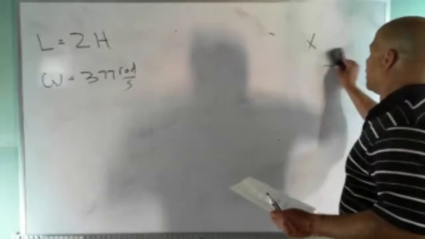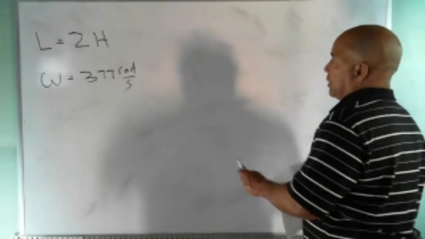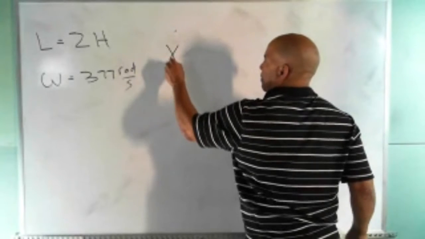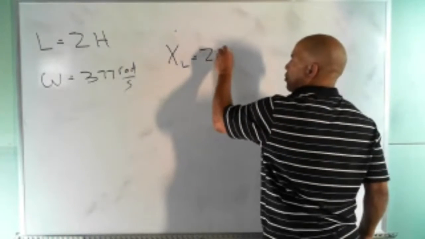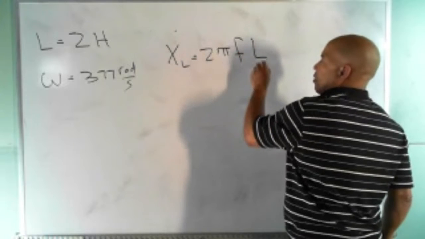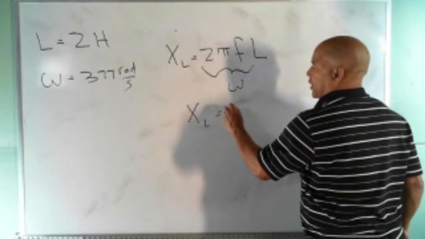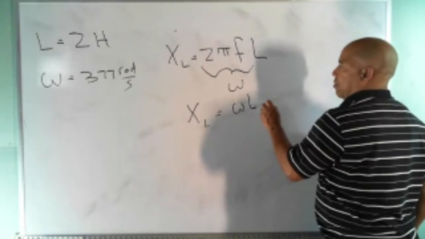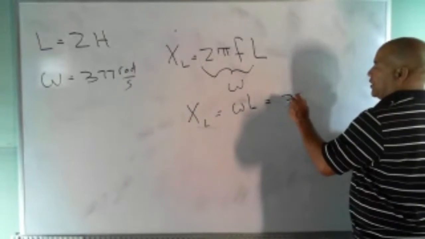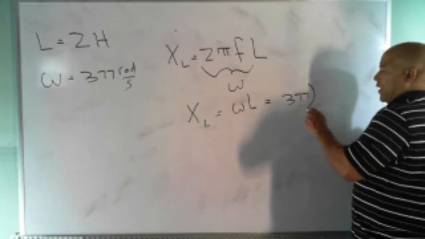All right, so first thing you would do there is you gotta get the magnitude of XL, and that's just the equation. XL is 2 pi FL, but they gave that to me. Remember, that's omega. So XL is really just omega L. They say omega is 377. Now, what you can do is just drop the radians per second.